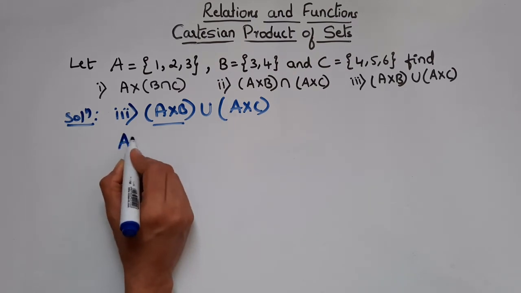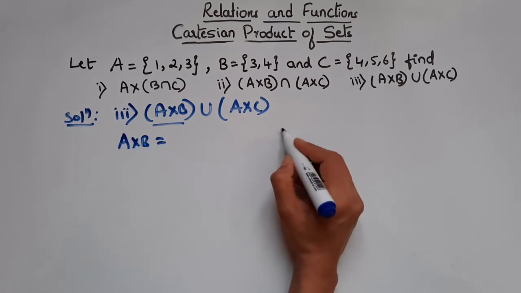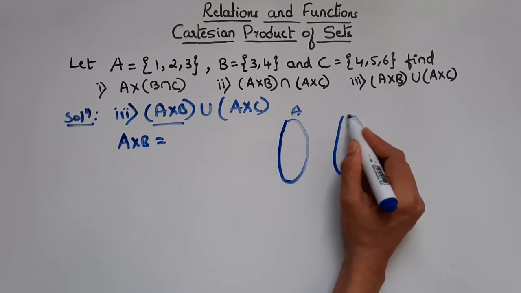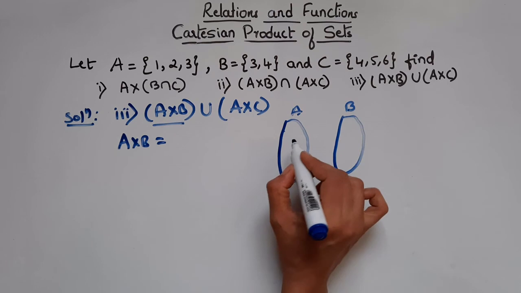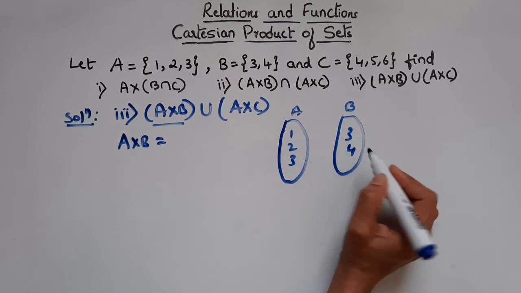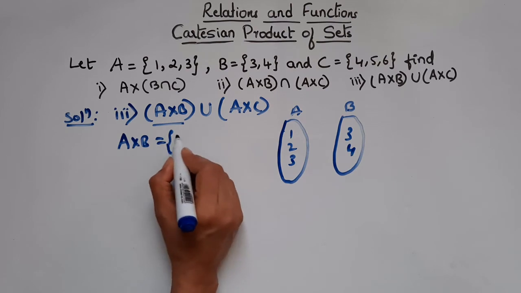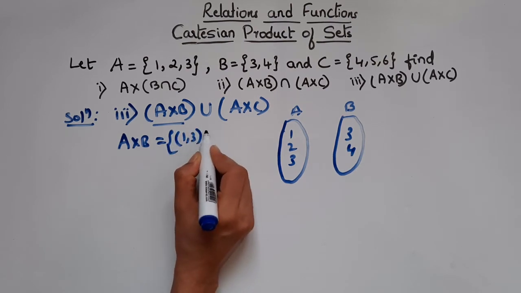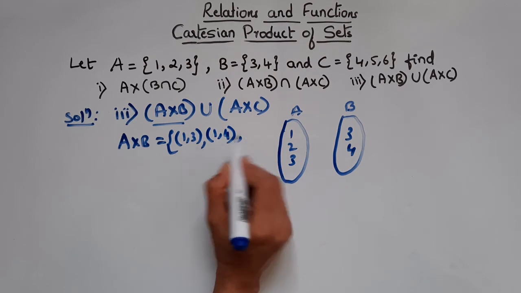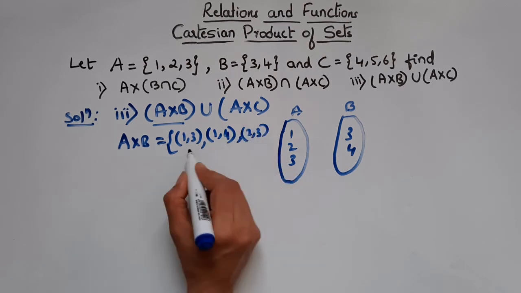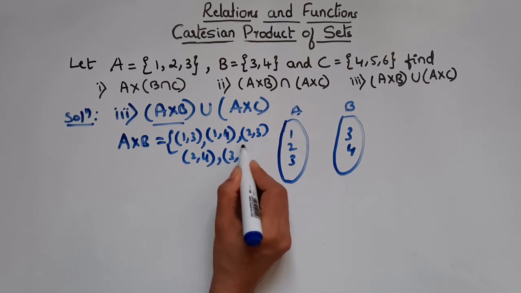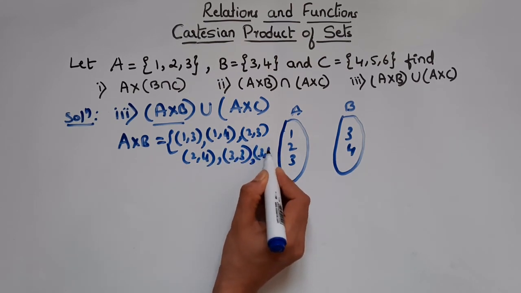A cross B is equal to, this is A and this is B. In A we have 1, 2, 3 and in B we have 3, 4. So the set is 1, 3, 1, 4, similarly 2, 3, 2, 4 and 3, 3 and 3, 4, right?